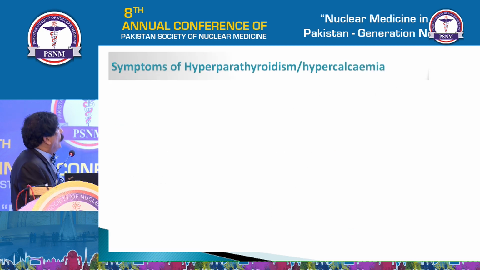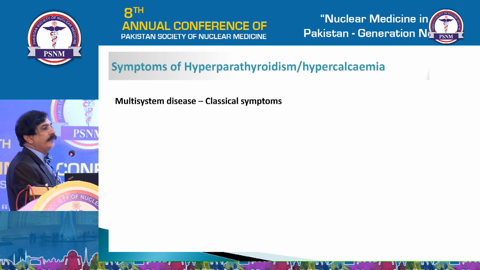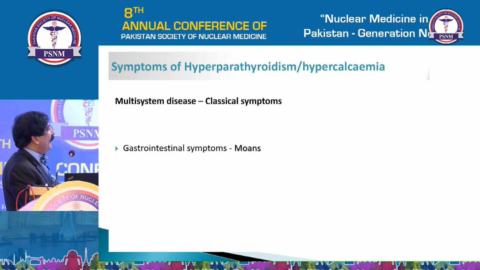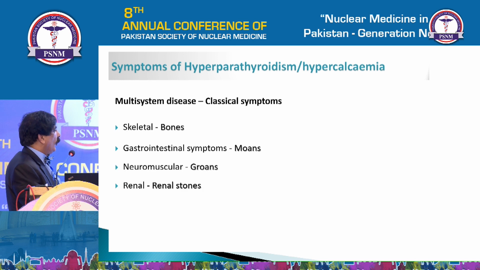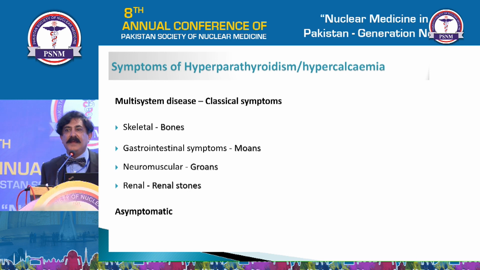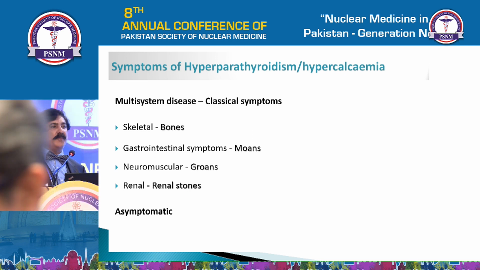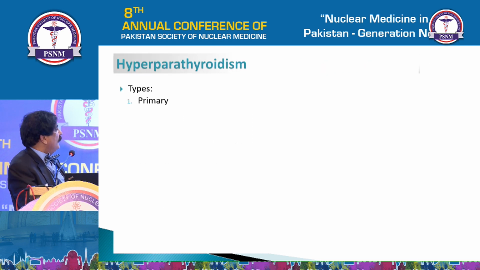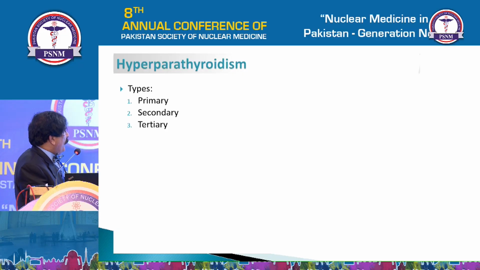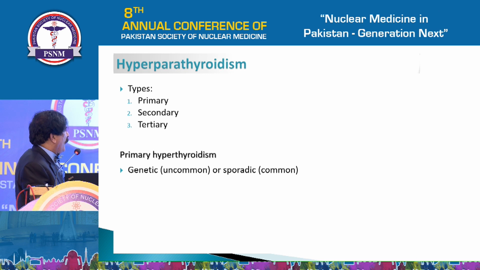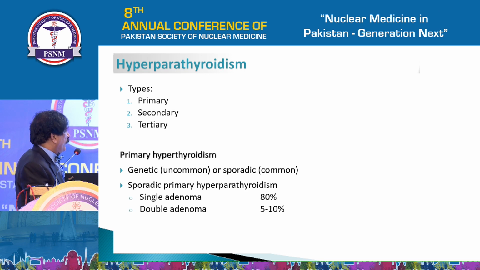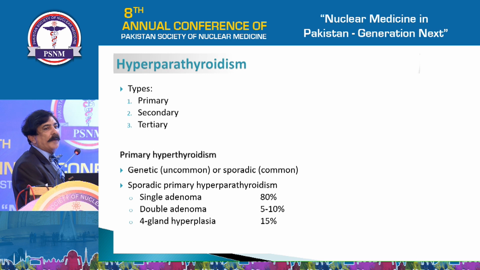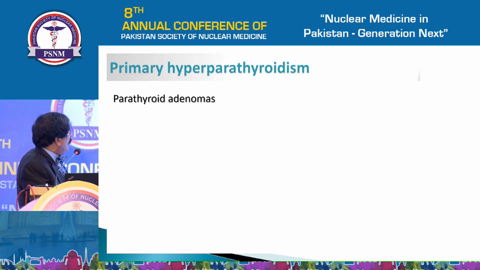So symptoms of hyperparathyroidism: classically, it was known as a disease of bones, groans, and renal stones. However, in current days, because of early diagnosis by laboratory tests, we rarely meet patients with such classical symptoms. And the types of hyperparathyroidism: primary, secondary, tertiary. Primary is mostly due to a single adenoma, and 4-gland hyperplasia in 15% of the patients.